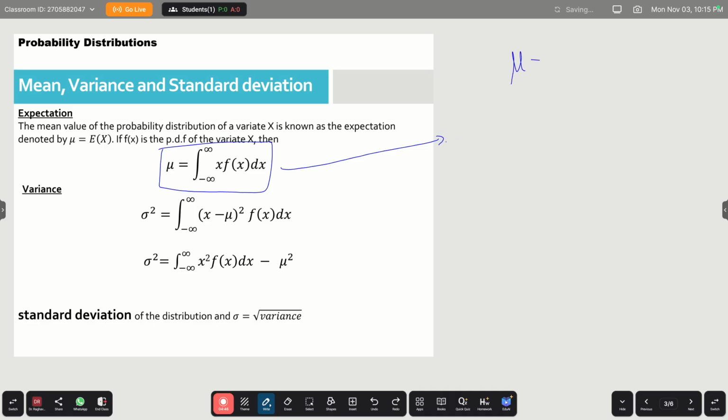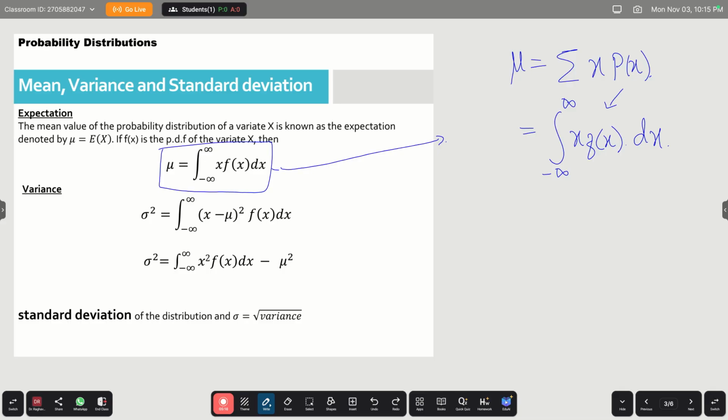To find the mean, we used to do the summation of x into p of x. Here it is just integration of x into that function, f of x dx, from minus infinity to plus infinity. So whenever you want the mean of the continuous probability distribution, you just have to integrate x into f of x from minus infinity to plus infinity.